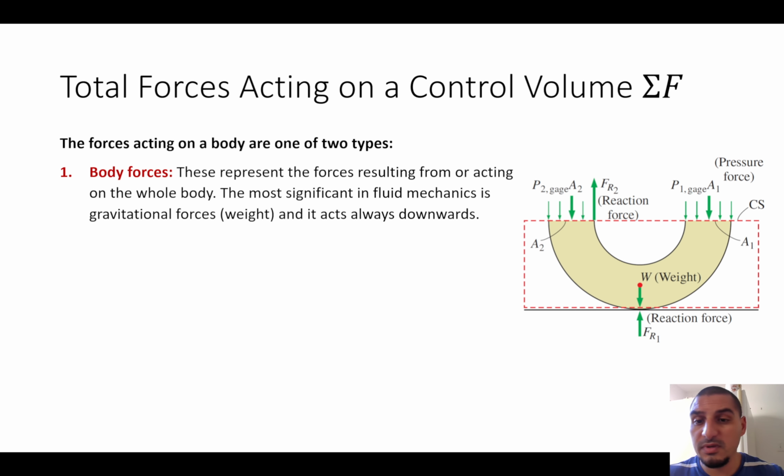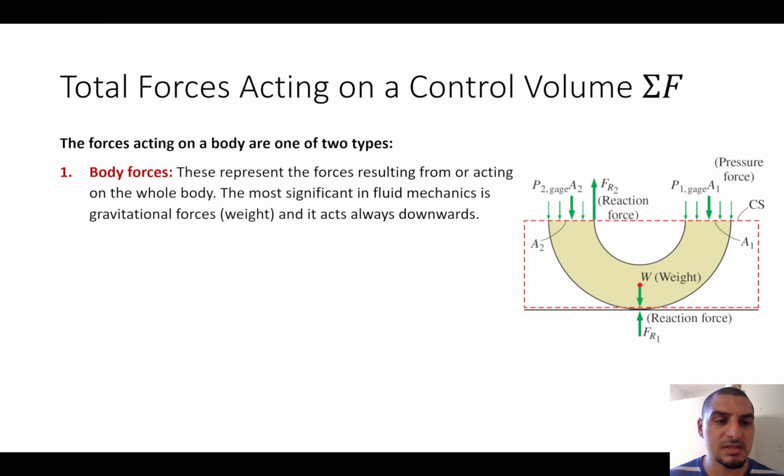One is what we call the body forces, and these are the forces that act on the whole body. It's not only the outer surface; it's acting on the whole body. This is like the gravitational force, which is the only type we're going to consider here, which is the weight of the fluid or the system or the control volume.